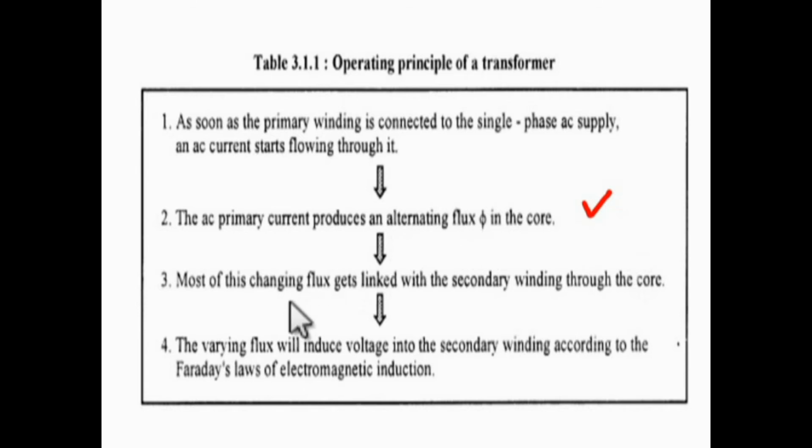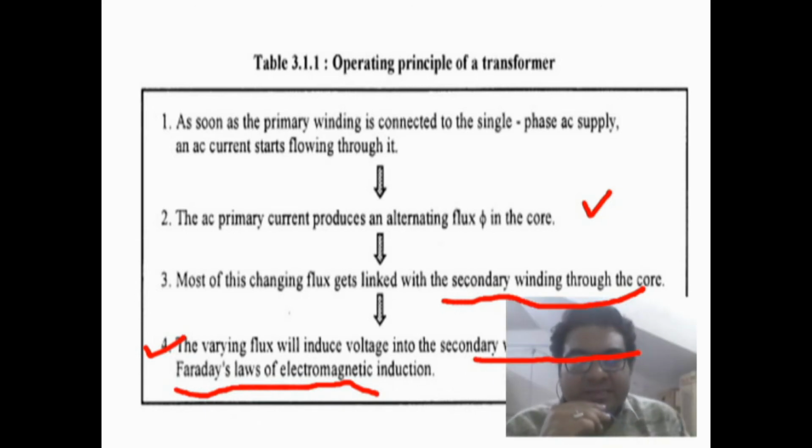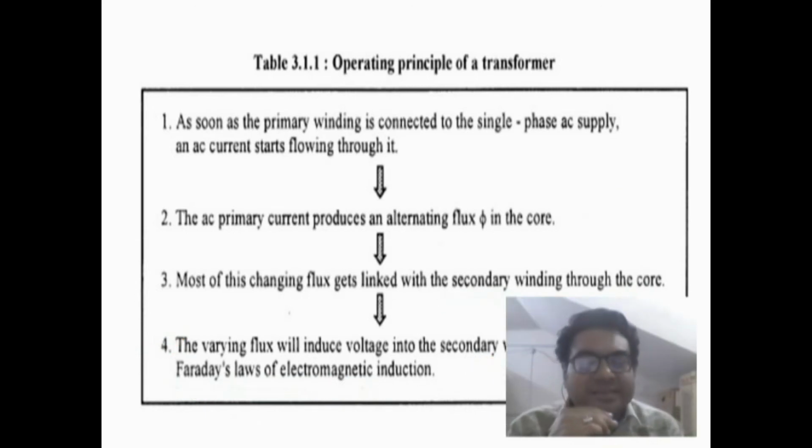Most of this changing flux gets linked with the secondary winding through the core, and the varying flux will induce voltage in the secondary winding according to Faraday's electromagnetic induction. So guys, you can see here, its working principle is always based upon Faraday's electromagnetic induction principle.